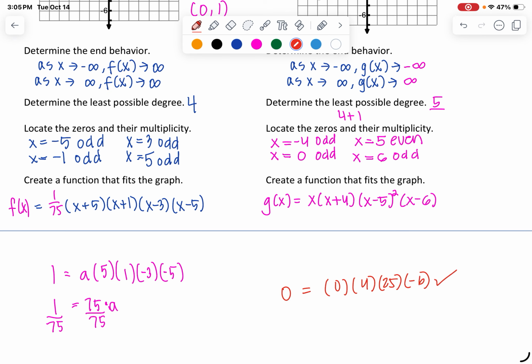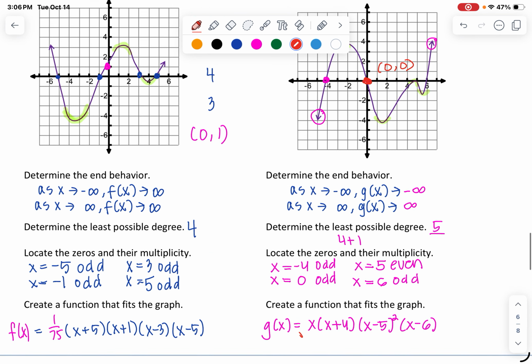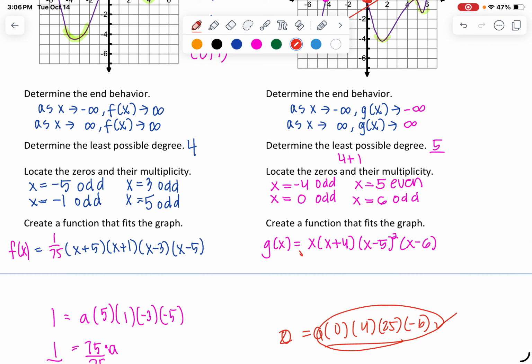So I do not need to put like a 1/75 here. We don't have to solve for it. Like if this was a 2, then I would have to multiply this out, divide, get a here, divide both sides, but it's 0 equals 0, which is true. One thing I do have to check though is the end behavior to make sure it's a positive lead coefficient. And if you look, if I were to connect these two, it's like a positive slope line. So it is going to be positive, and that's our final answer.